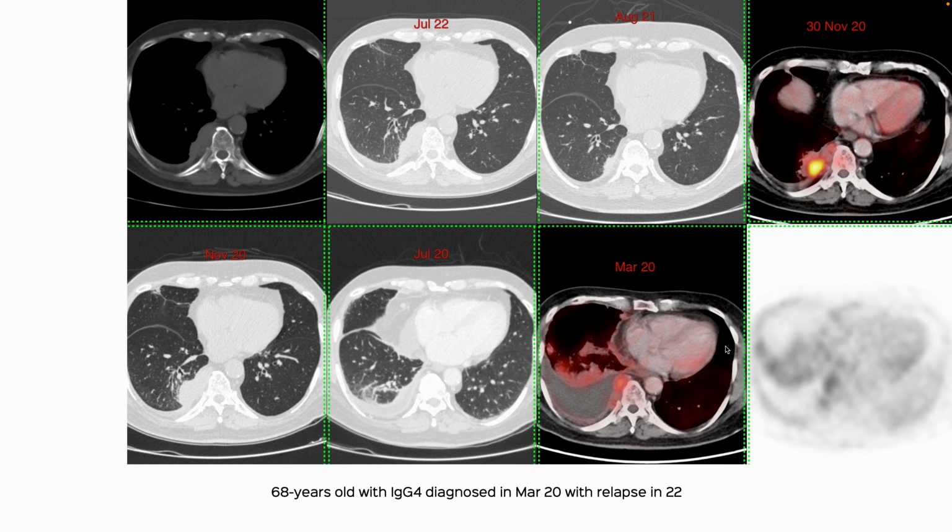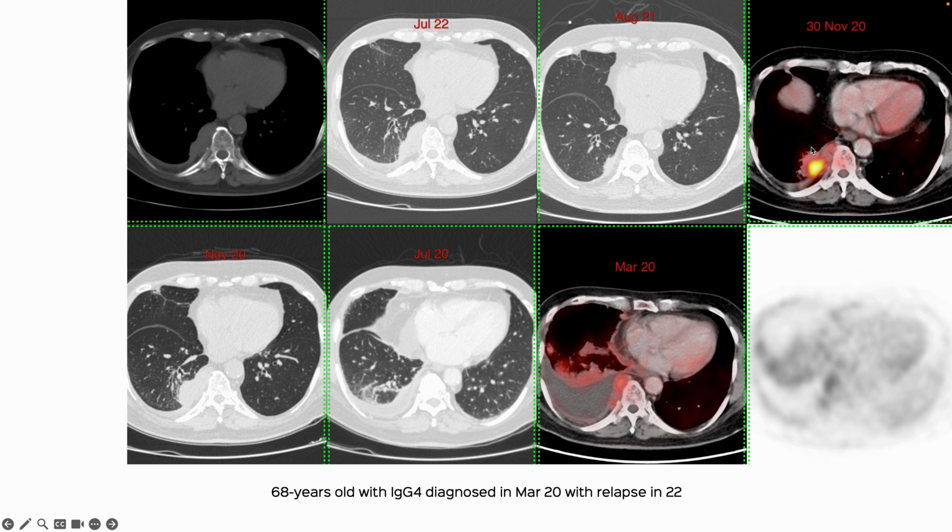I've had one other patient proven to be IgG4 because of systemic disease. I don't have all the details, but the patient was proven IgG4. And again, we see this irregular infiltrative mass-like lesion.